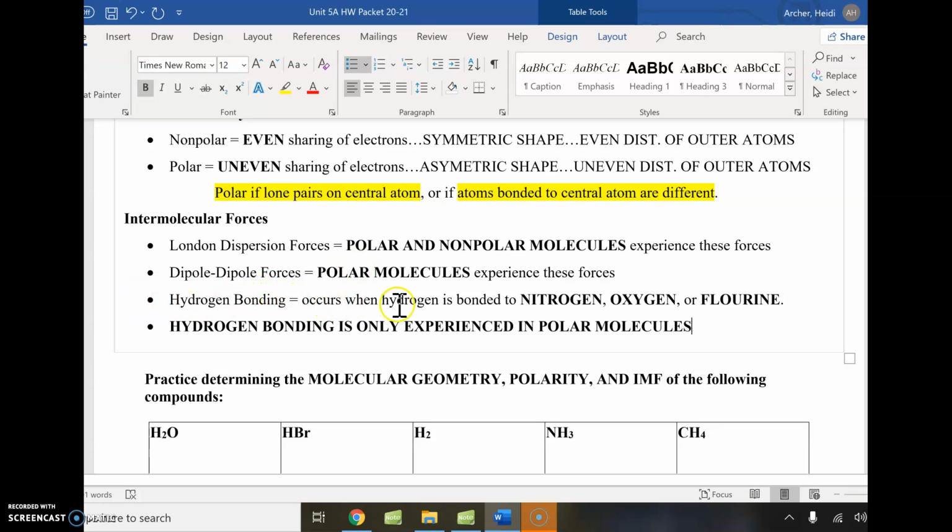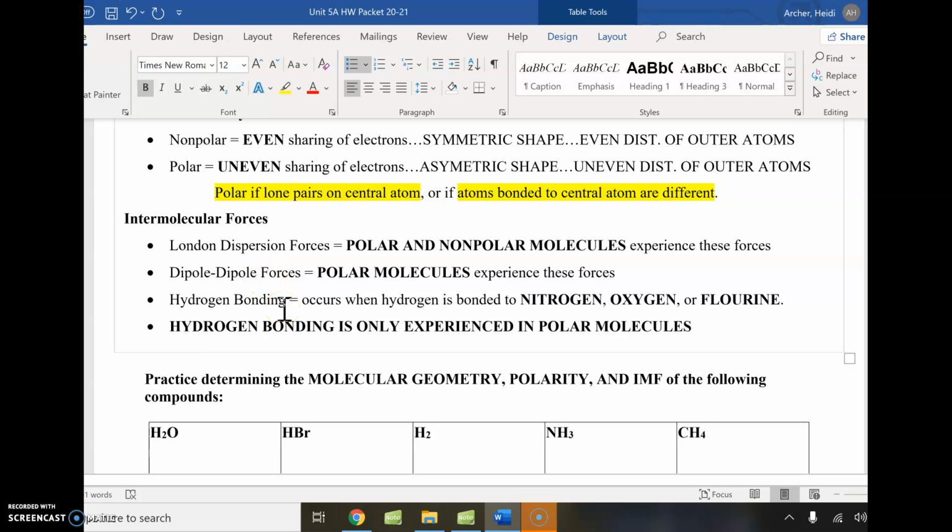Does our polar molecule have hydrogen that is bonded with either nitrogen, oxygen, or fluorine? If it does, then it experiences hydrogen bonding in addition to the other two. If it doesn't, then we are left with just London dispersion and dipole-dipole forces.